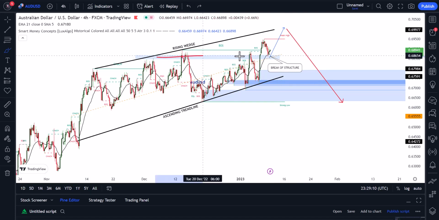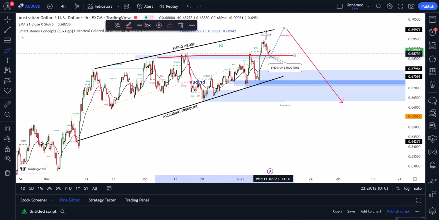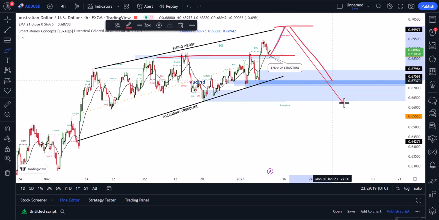We have the break of structure here and completed the retest. So according to me, it is going to follow the buy trend till this point, and after that, it is going to follow the sell trend.